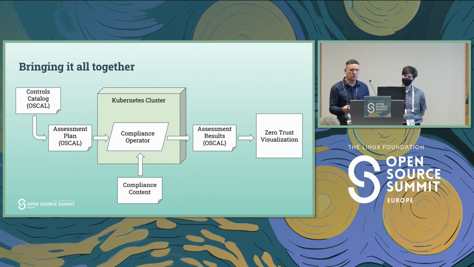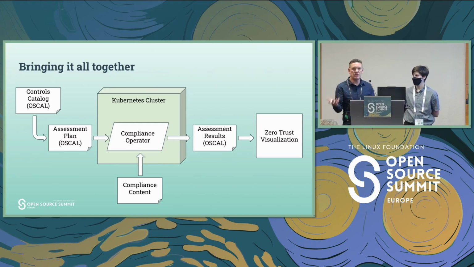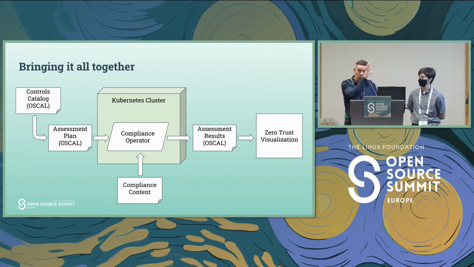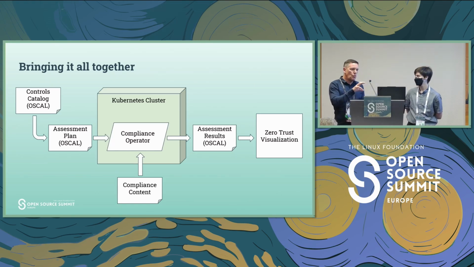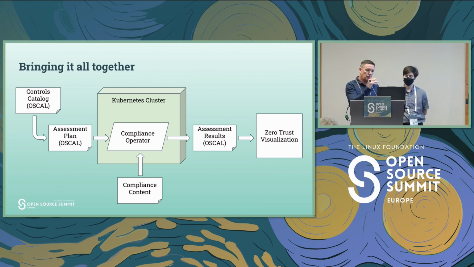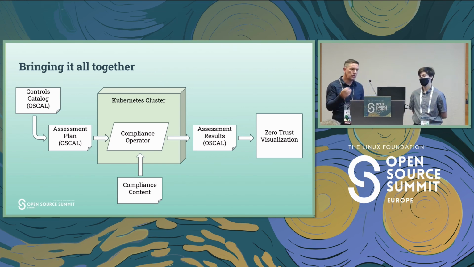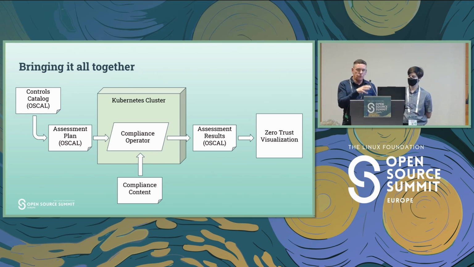So for example, choosing to enable TLS encryption on all of your internal traffic in your cluster is a control that can be implemented in the network pillar of a zero trust architecture. We've got a bunch of command line tools in the Compliance Trestle framework that I described that allow two things to happen.